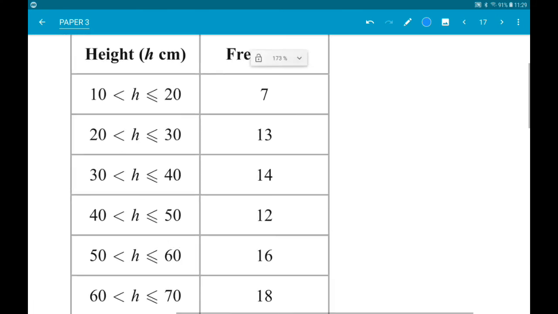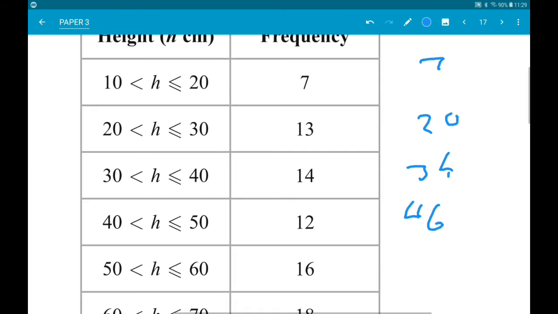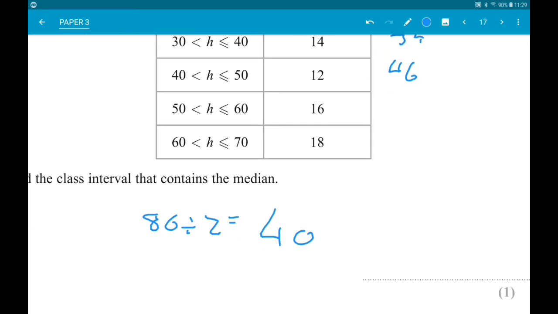Then we go through and add the frequencies until we find either 40 or bigger. So first one's 7, add 13 is 20, add 14 is 34, add 12 is 46. So the median is in H is greater than 40, less than or equal to 50.